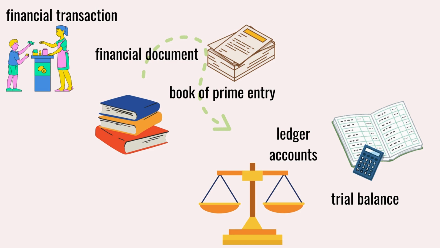So you might have a vehicle ledger account, and you might have an electricity expense account. But basically, every single transaction has to have a debit entry and a credit entry, and it will have a debit entry in one ledger account and a credit entry in another ledger account.